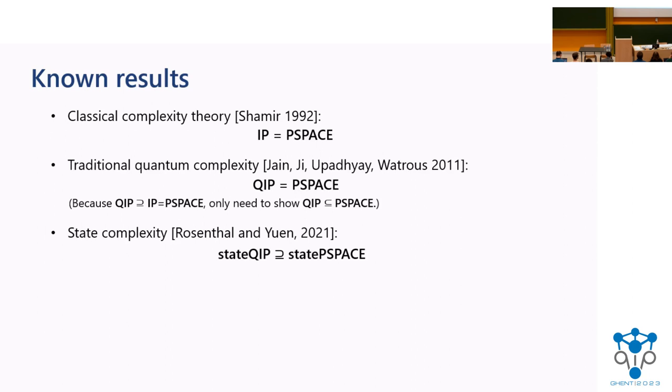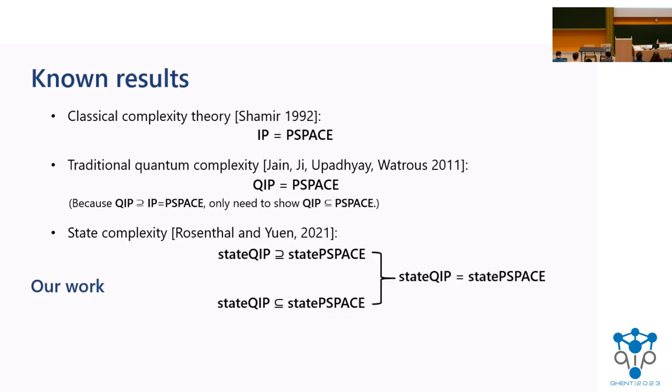Right, and now our work does what you would expect from this slide, which is just prove the reverse inclusion, right? And then, of course, you can combine them and show that they're equal. So just as this one you can think of as the state analog of IP equals PSPACE, this inclusion is the state complexity analog of this proof that QIP is contained in PSPACE.